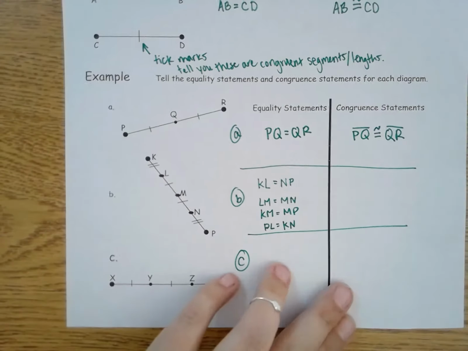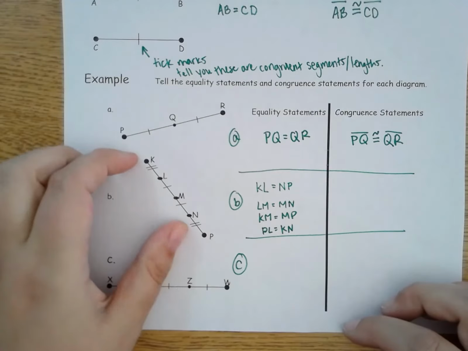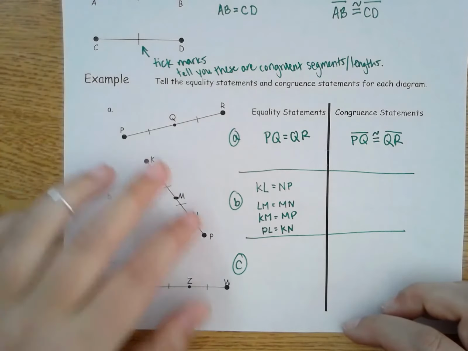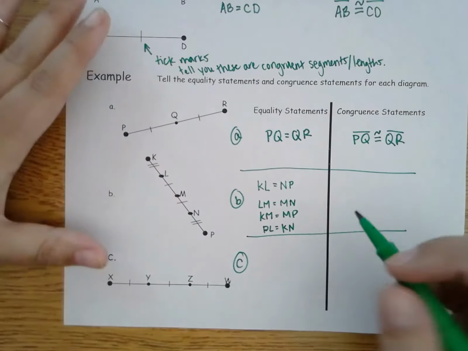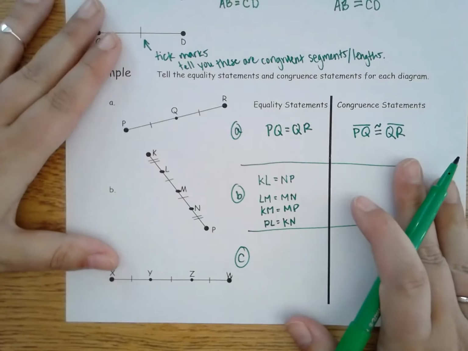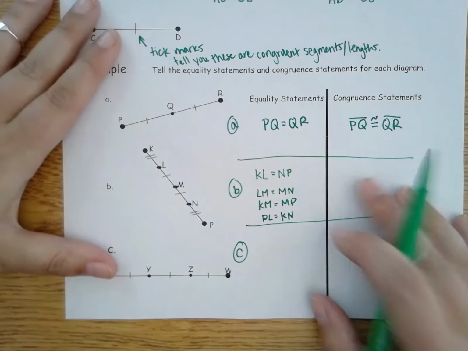This is where using your fingers comes in. This one is the same distance as this one, right? Not that fingers are used for measuring, but it's a good tool to help you out. Good. Alright, so then we would just transfer all these to congruent statements. So we've done thinking, now we're just going to rewrite these as congruent statements.